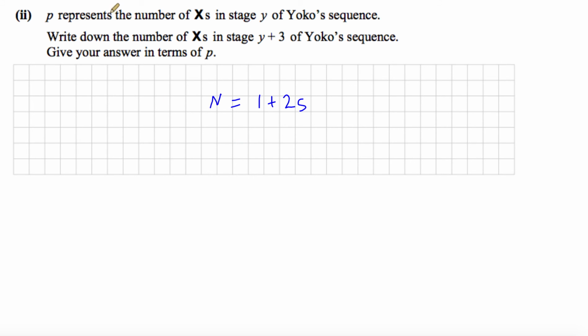It says P represents the number of x's in stage y. So P is the number of x's, so replace the n with P. And that's equal to 1 plus twice, replace the s with y because it's stage y, so 1 plus 2y. So P is equal to 1 plus 2y.